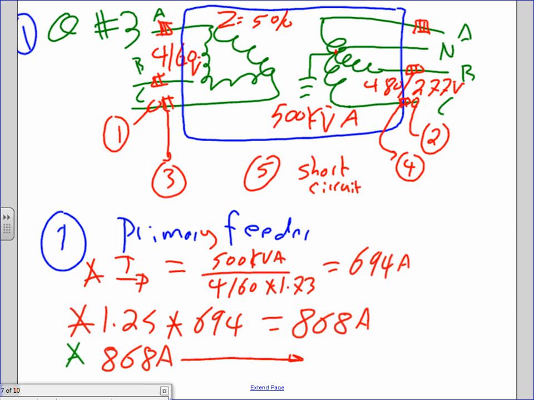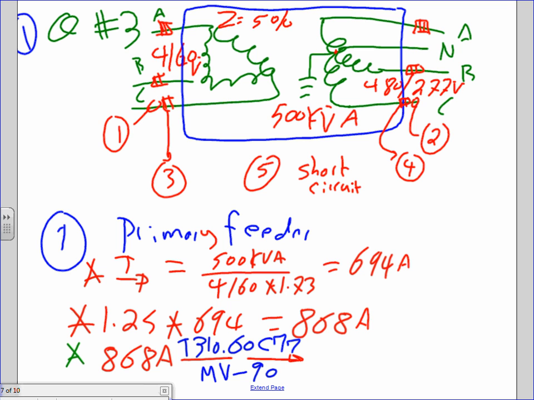I know you guys know that, but we went to table 310.60(C)(77).